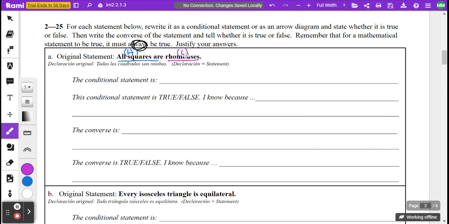The conditional statement is: all squares. Instead of saying all squares, I'll just say is a square. Arrow diagram: is a rhombus.